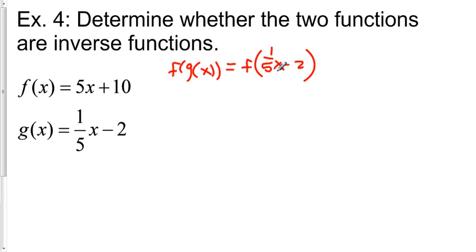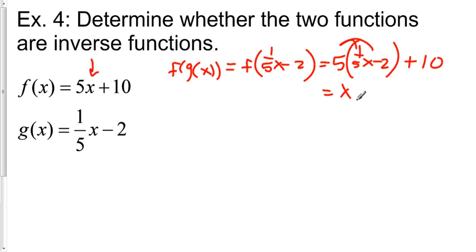So that means this is my input into the f function right here. So I'm going to write 5 times 1/5 x minus 2 plus 10. I've replaced x with the g of x function. 5 times 1/5 is 1x, minus 5 times 2 is 10. Then we've got that plus 10, and so we do get x. That's good. The first way checks out.